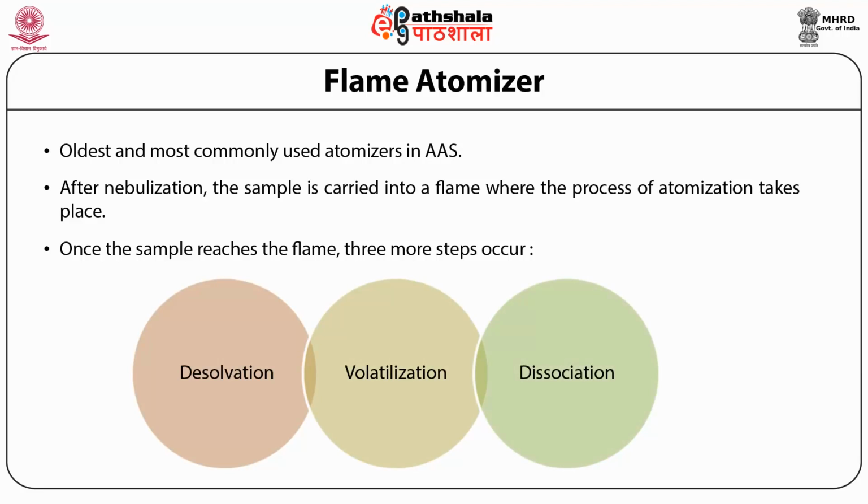In step 1, dissolution, the solvent is evaporated to produce a molecular aerosol, which is followed by conversion of the sample to gaseous form. And the last step is dissociation. In this step, the atomic gas formed by the dissociation of molecules is produced. In this process of ionization of atomic gases, some cations and electrons are also formed.